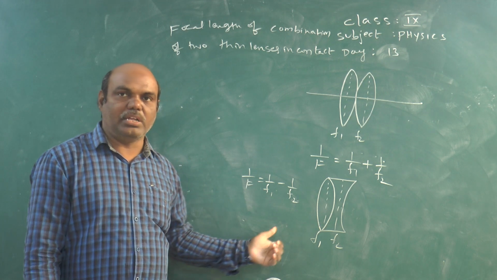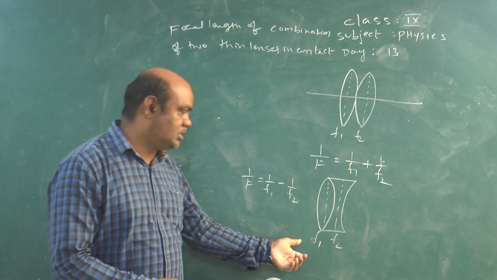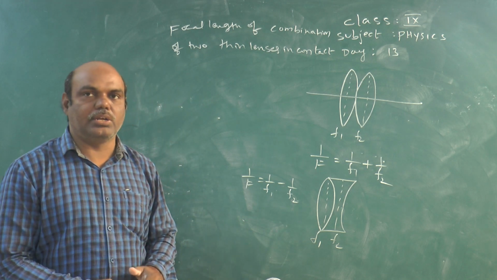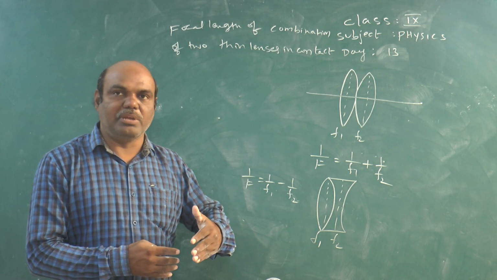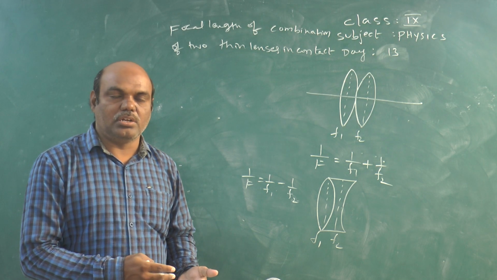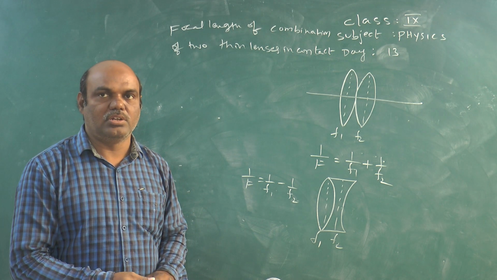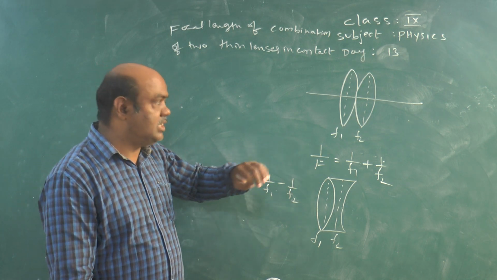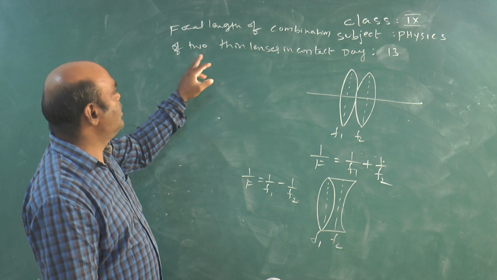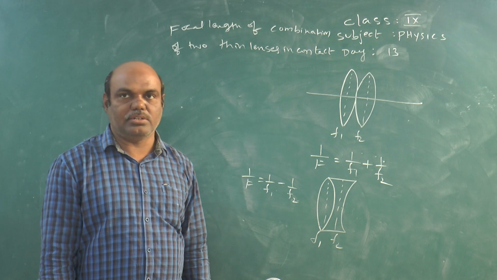So depending upon the focal length values of the convex and concave lenses, the combination lens may sometimes be convex, sometimes concave. These are the concepts related to focal length of combination of two thin lenses in contact.